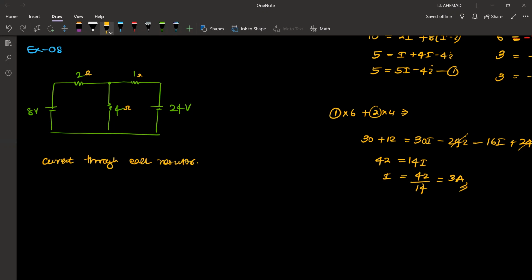So current through each resistor. Just think and first mark the current. First mark the current in the branches, and then you can find.